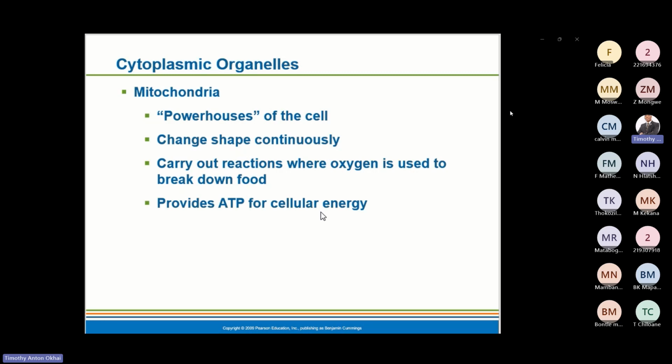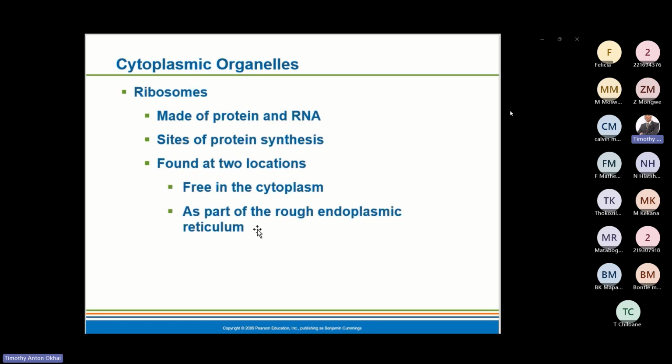So mitochondrion, singular, mitochondria, plural. The mitochondria are powerhouses of the cell. They can change their shape continuously. They can carry out reactions where oxygen is used to break down food, and they provide ATP for cellular energy. Remember ATP, adenosine triphosphate.